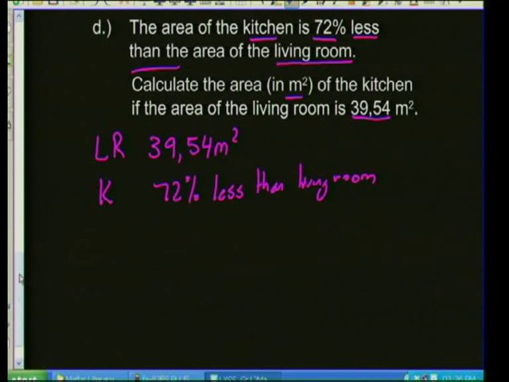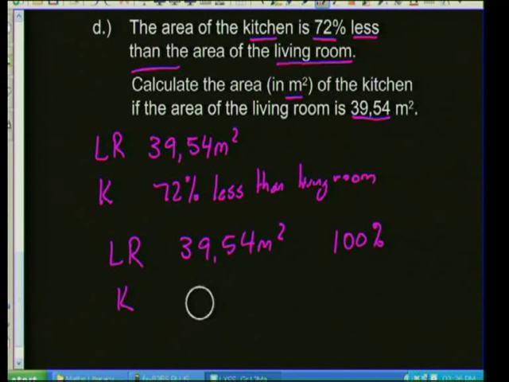So if our living room is 39.54 meters squared, that represents 100%, and our kitchen, where our question mark is, is 72%. So we can use a ratio to find out what the kitchen is.